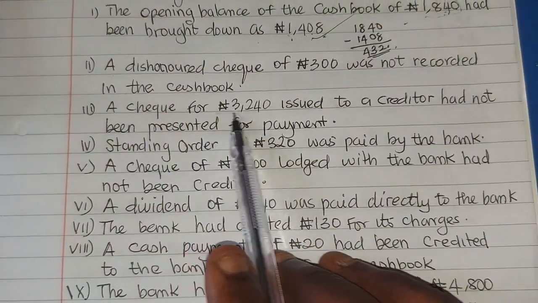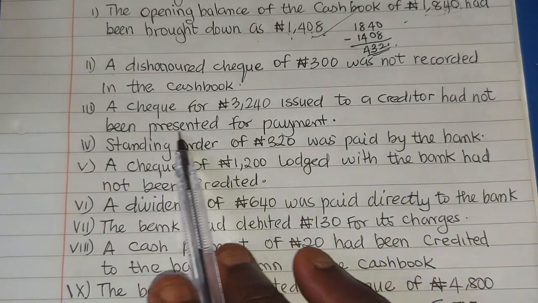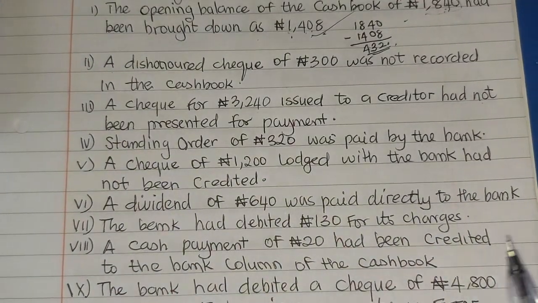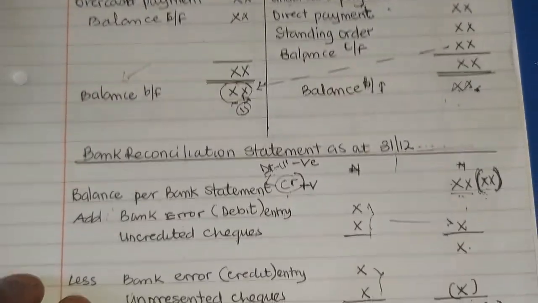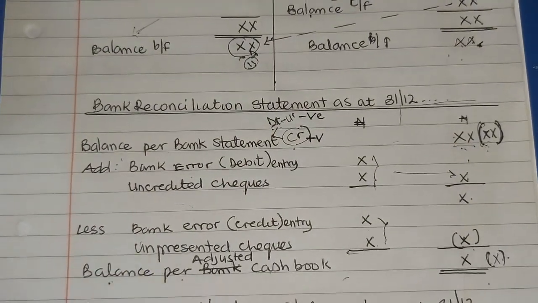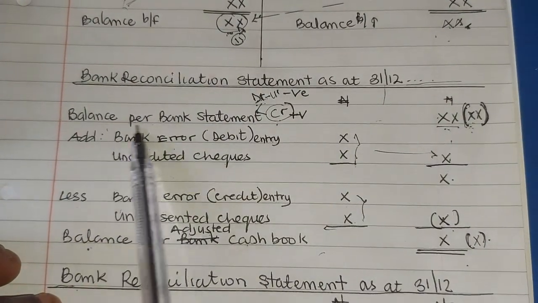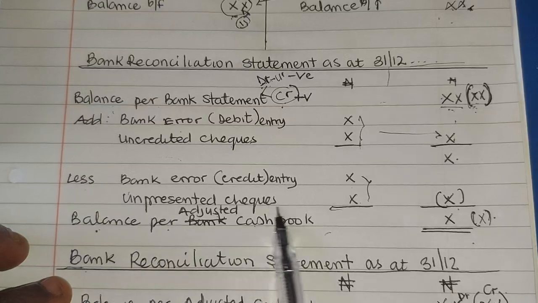A cheque for 320 issued to a creditor had not been presented for payment. Had not been presented. That is an unpresented cheque. So from your format, an unpresented cheque will be less. We have less unpresented cheque. As you can see, when you start with balance per bank statements, we have unpresented cheque.